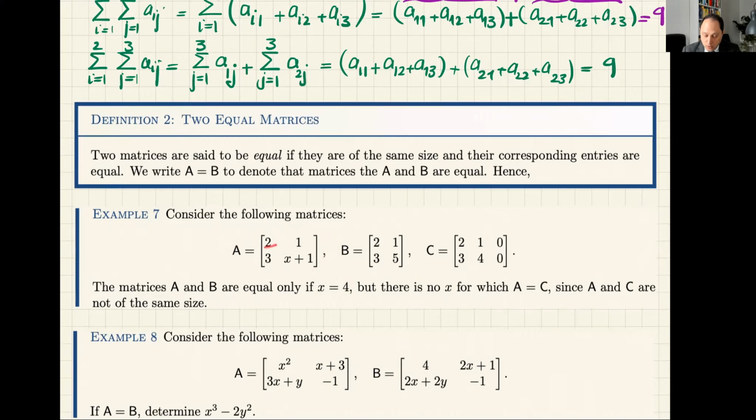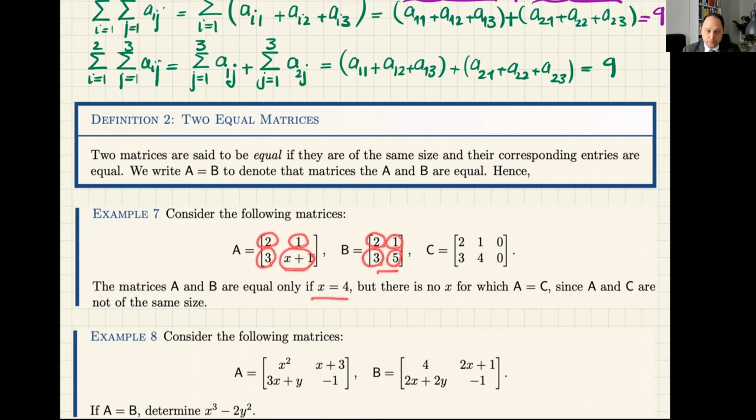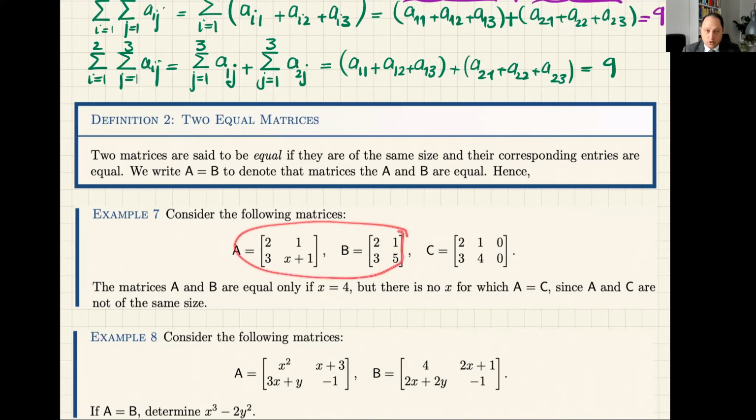Each entry should match with the corresponding entry, which is correct for 2, it's also correct for 1, and it's also correct for 3. But for these two matrices to be equal, the last one should also match with the last one. So it means that x has to be equal to 4. So yes, if x is equal to 4, these two matrices are equal.